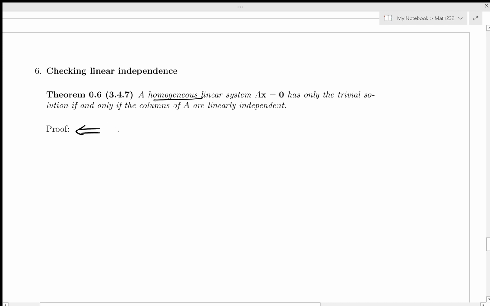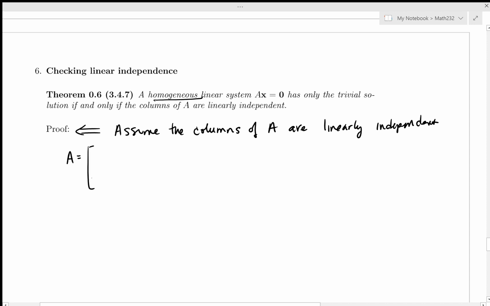Assume the columns of A are linearly independent. So we're considering A as a collection of column vectors. I'm going to represent A as that matrix of linearly independent vectors.